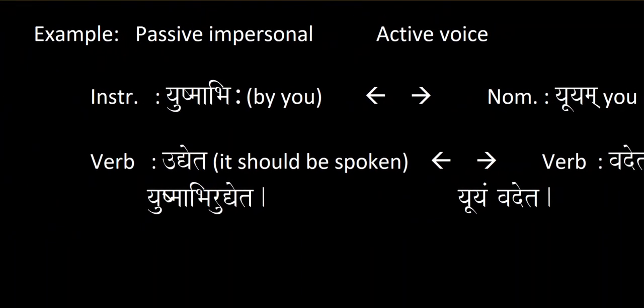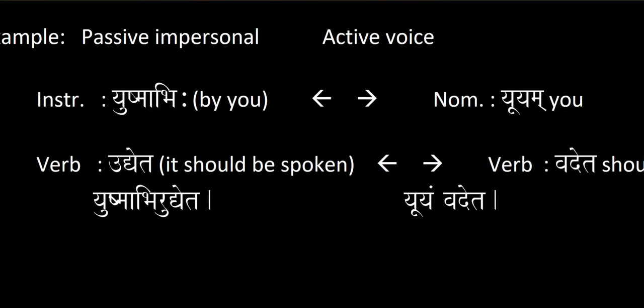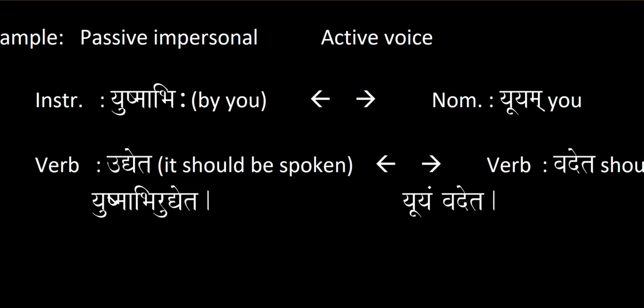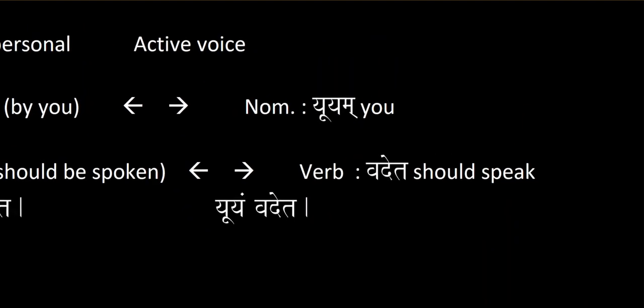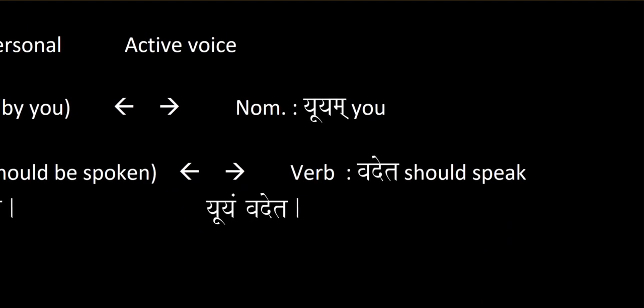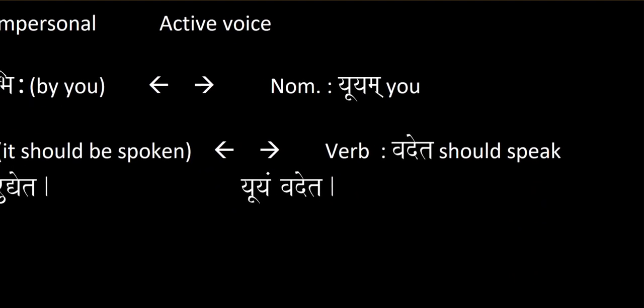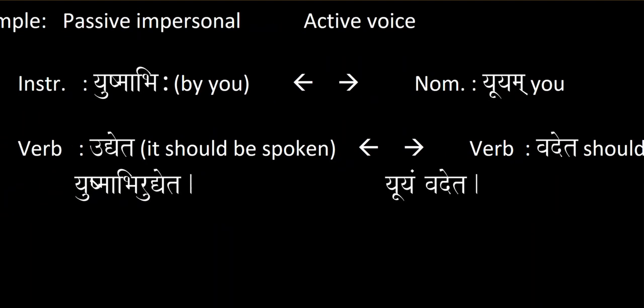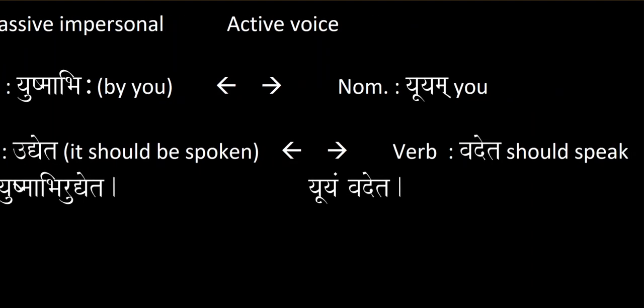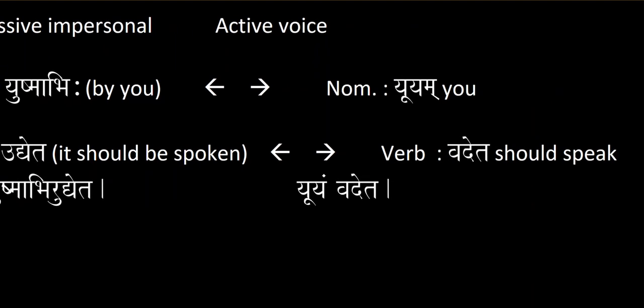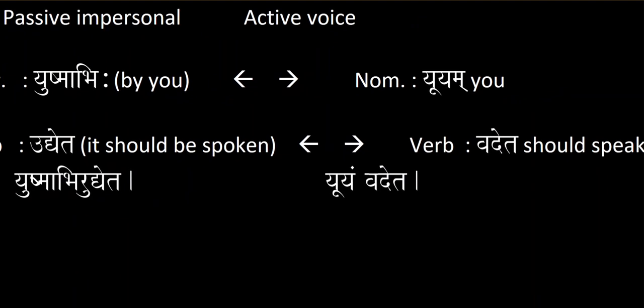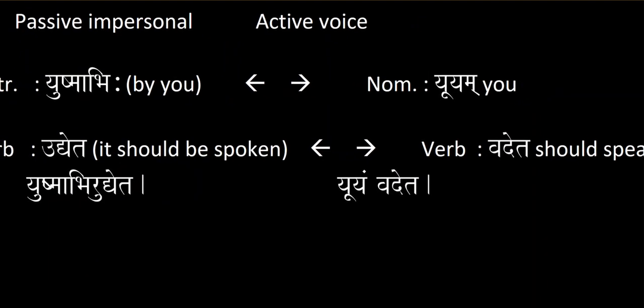yushmabhih turns into nominative. Yushmabhih is second person. That's going to change into yuyam, which means you. And then udyeta is going to turn into, remember, this is all still in the present tense.